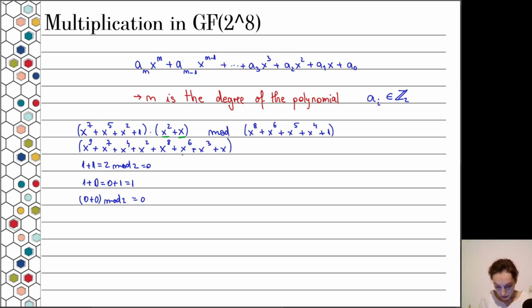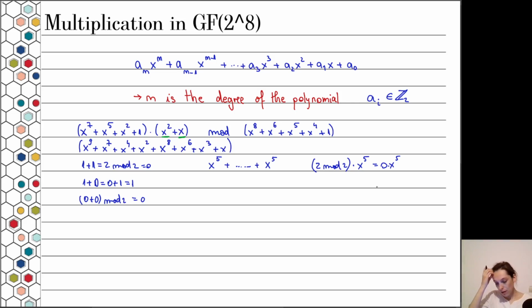So if we would have here an x, for example, to the power of 5 plus I don't know which other terms, and in the end again x powered by 5, in this case we would have 2 modulo 2 times x to the power of 5, which is 0 times x powered by 5.